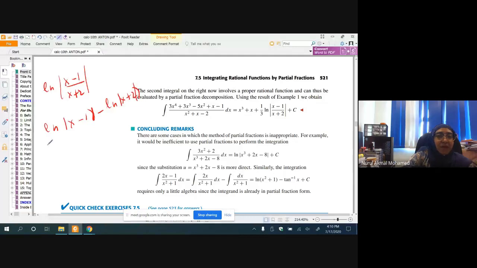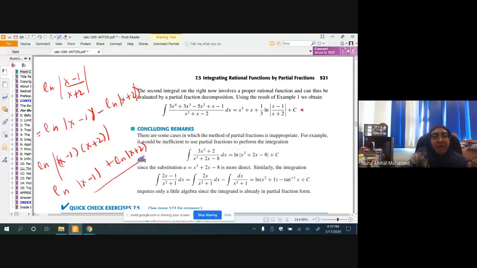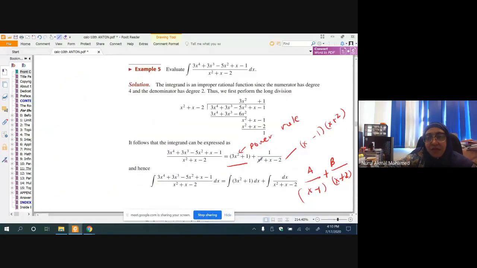If it is plus, so this is equal to ln of x minus 1 times x plus 2, which is actually equal to ln of x minus 1 plus ln of x plus 2. So if you see something like this, don't be too afraid of it. It's just minus, so it means that our way of solving it is correct.